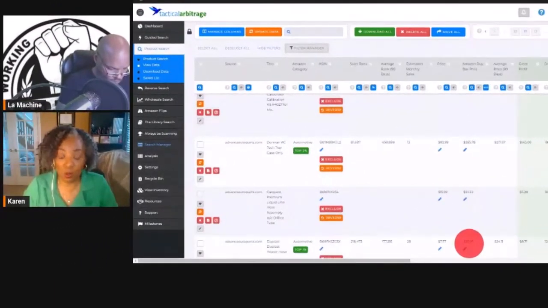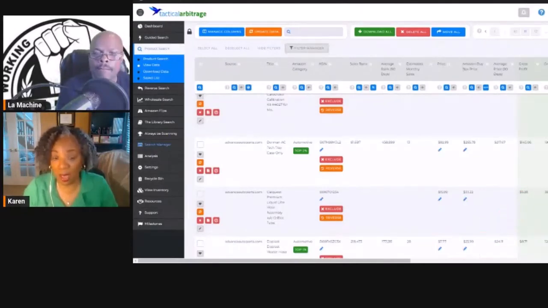Sometimes you are merchant fulfilling something, and if it doesn't sell within 30 days, maybe you think, okay, I need to take this back to the store and get my money back. So it really varies depending upon what it is. Absolutely.